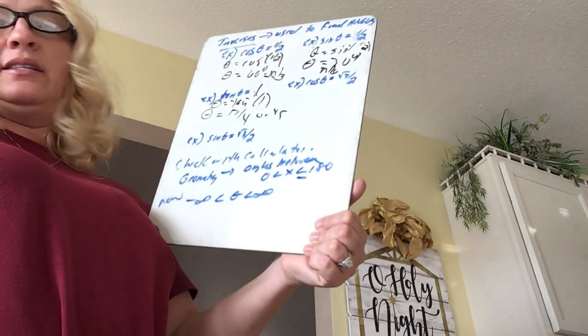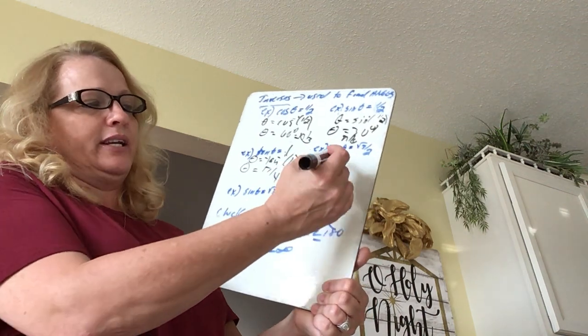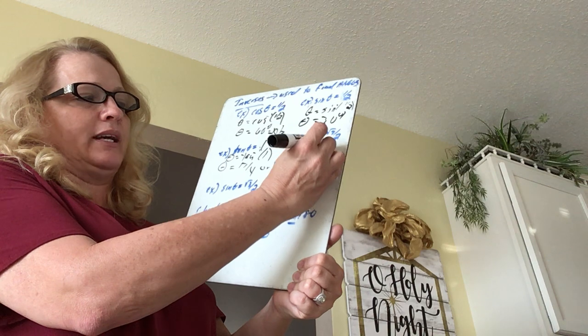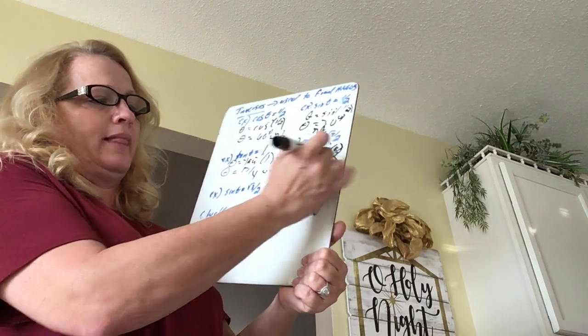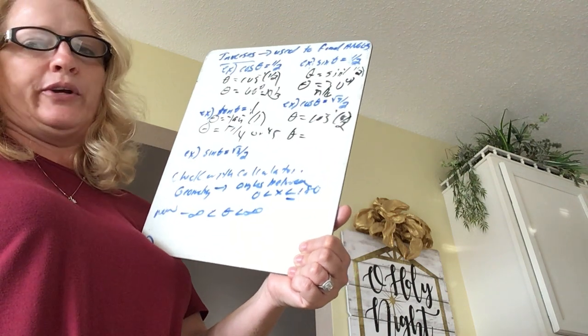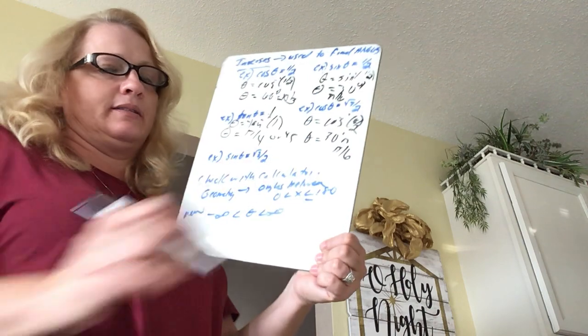One more. This is all review from geometry. If I said cosine of theta is square root of 3 over 2, solving for theta I would take cosine inverse. I know the cosine of what angle is square root of 3 over 2: that is 30 degrees or pi over 6.